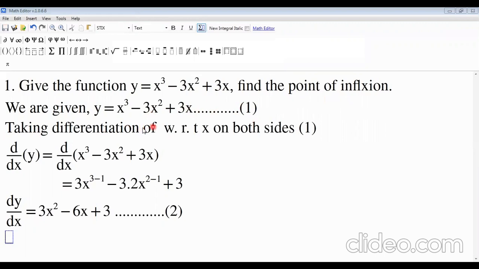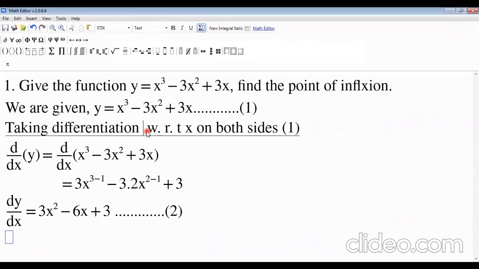Then taking differentiation with respect to x on both sides of 1, we get d/dx on both sides of 1.